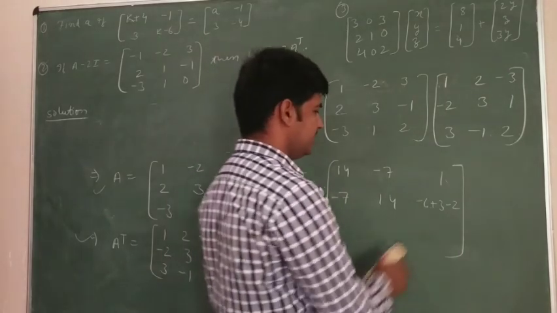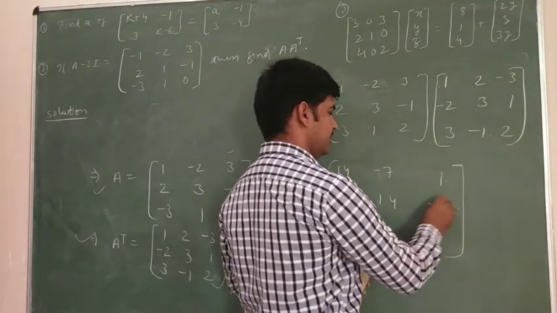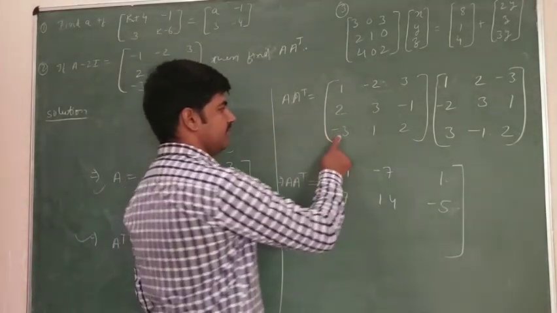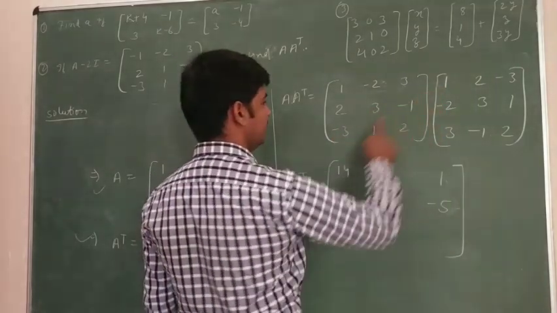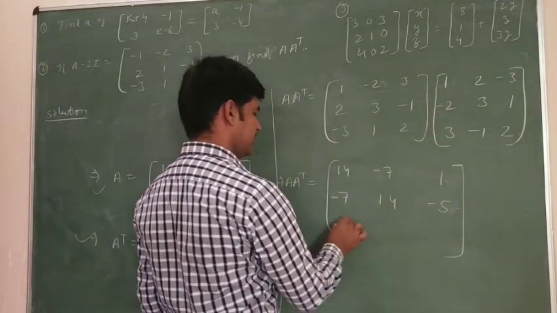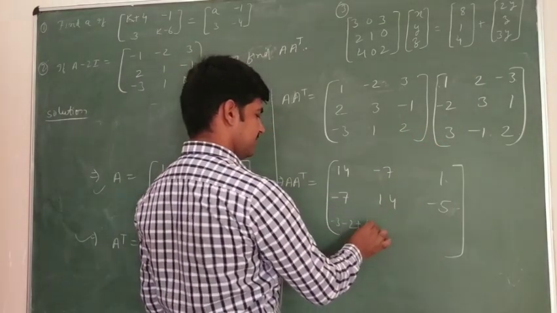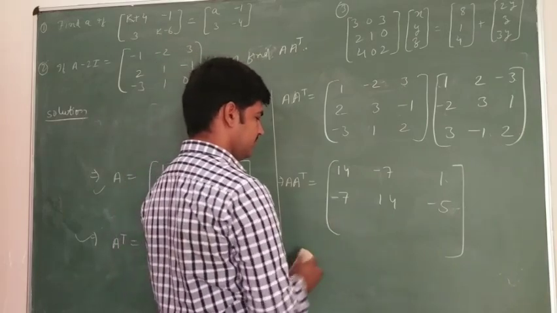Okay, minus 8 plus 3 is equal to minus 5 is what we have got here. The next element, students, is the third row multiplied with the first column. So minus 3 minus 2 and then plus 6. So what do we get here? 1 is what we get here.